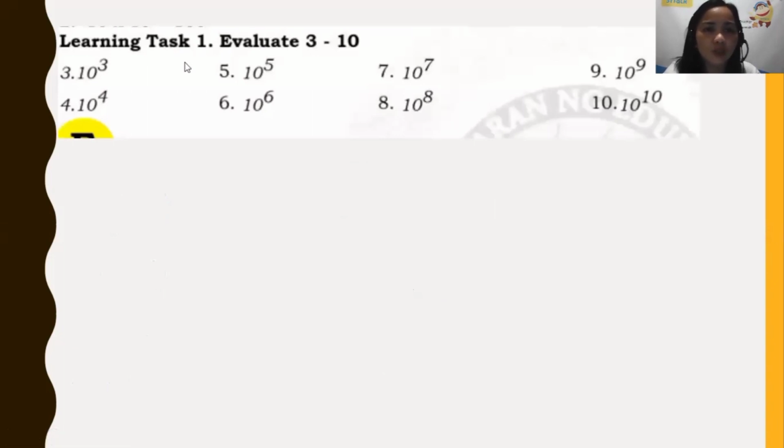The learning task 1 is to evaluate the given. Okay, mapapansin nyo, ang base pala niya ay 10 lang. Kanina doon sa video ko, naibigay ko na yung sagot. It's for you to recall what's the answer for this learning task. Naibigay ko pala sa video yung sagot, and it's very easy.